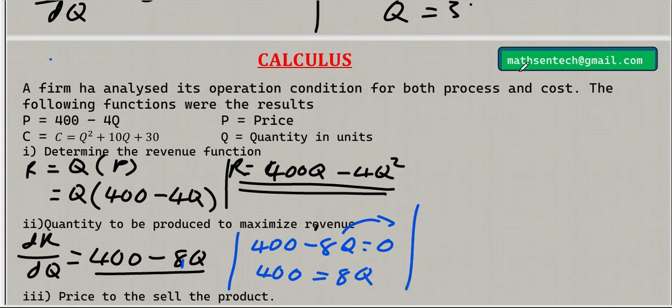So to get Q, Q will be given by 400 divided by 8, which is 50. So the quantity to be produced to maximize revenue is actually 50.